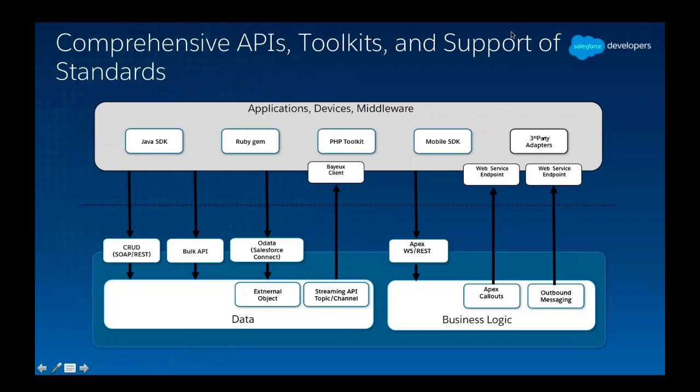The first is integrating with data. The other is business logic integration. So in the first instance, we're integrating either directly and calling to or updating Salesforce data. Perhaps we're connecting Salesforce to other data. Or perhaps we're doing something like a push type of channel, which is our Streaming API, which allows us to push events out over a channel that says something has changed in Salesforce without having to continuously poll Salesforce.